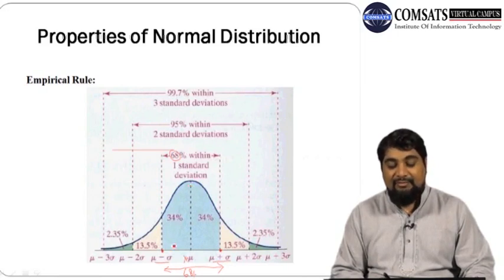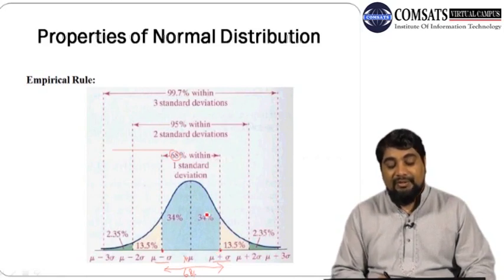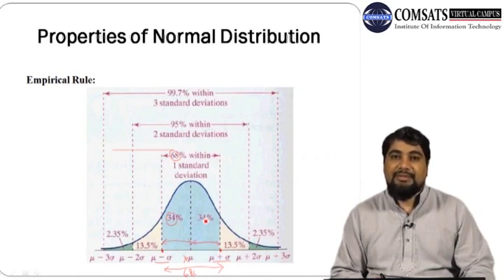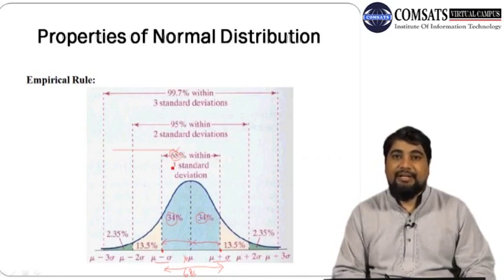So if the area between mu minus sigma and mu plus sigma is 68%, it means the area from mu minus sigma to mu will be 34%, and from mu to mu plus sigma will be the remaining 34%. So this 34 and 34 combine to get an overall area of 68%. So this is the first empirical rule.